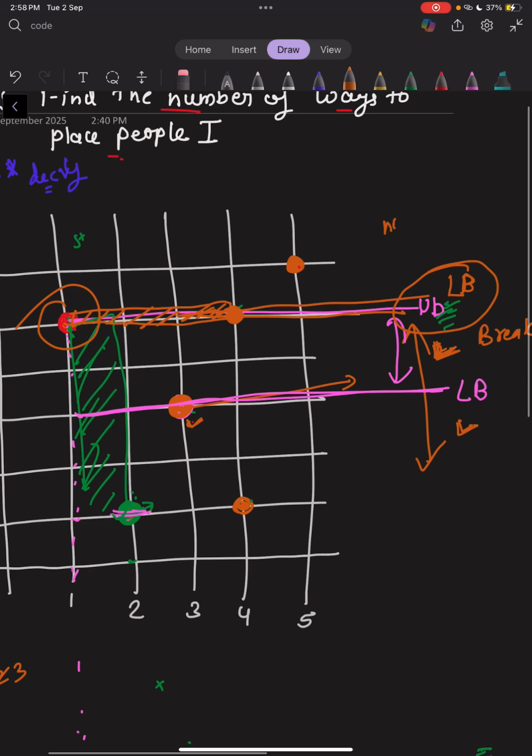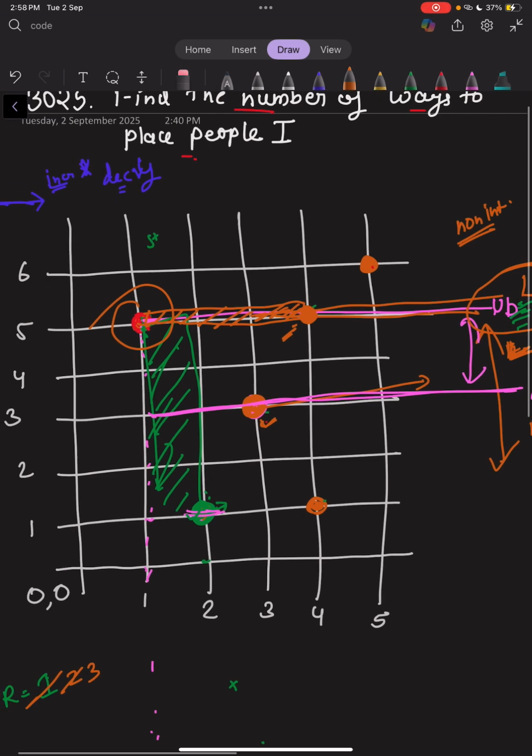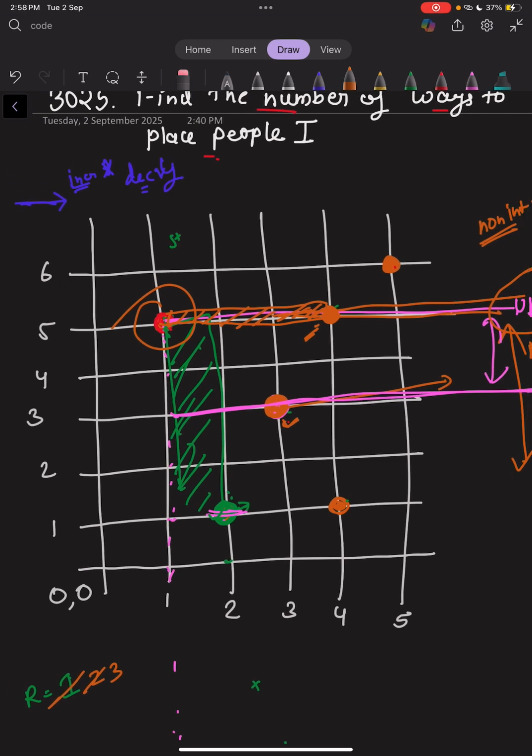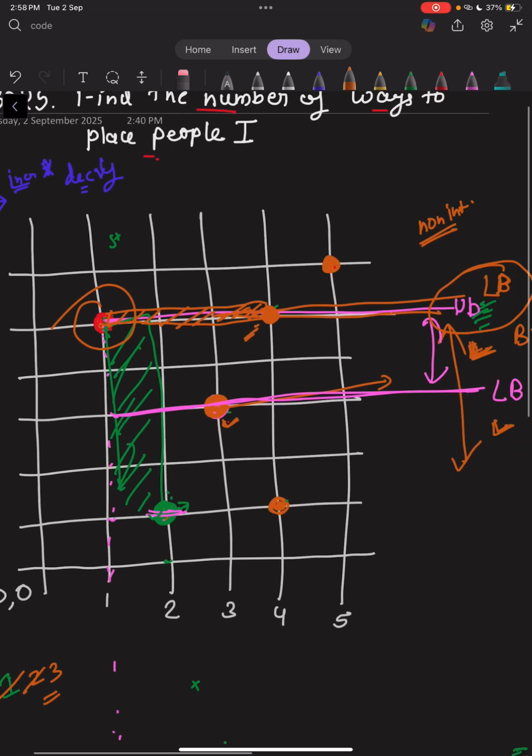Whatever non-intersecting rectangles can be found, we have found all of them. So 3 will be the answer for this one. Okay, same thing. Now the loop, same thing will repeat for this one.